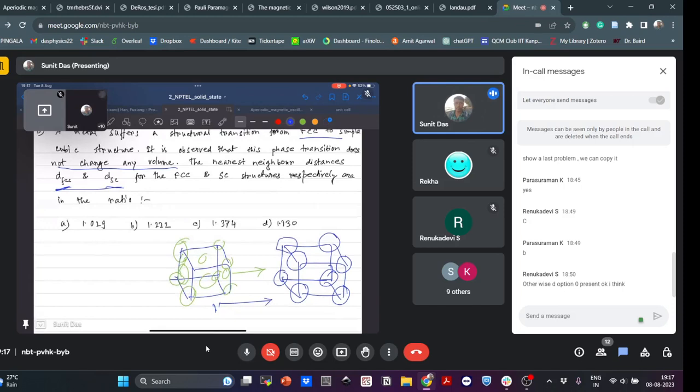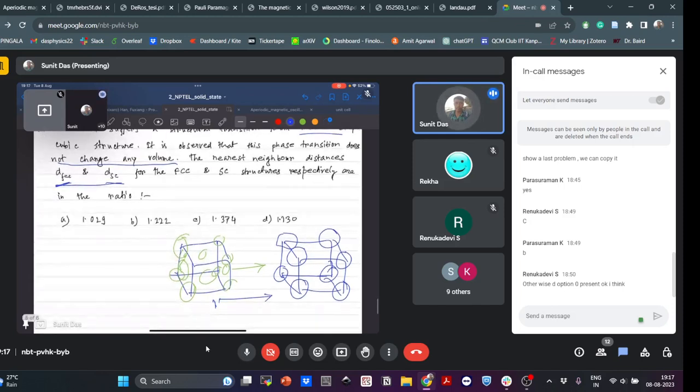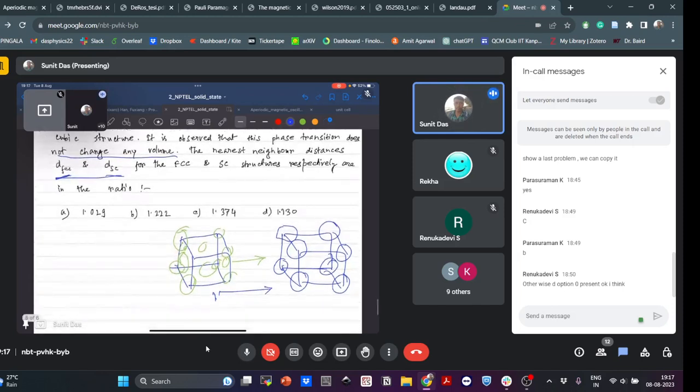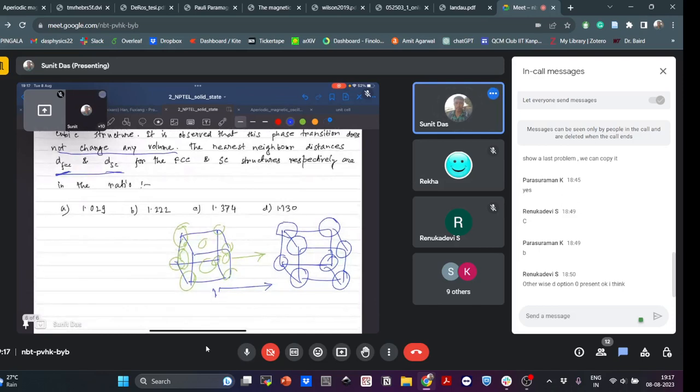Okay, so the nearest neighbor distance for FCC will be what? You need to find this nearest neighbor distance between two atoms, right? These are the three atoms that touch each other. So we first need to find DFCC, the nearest neighbor distance between the atoms in the FCC phase.